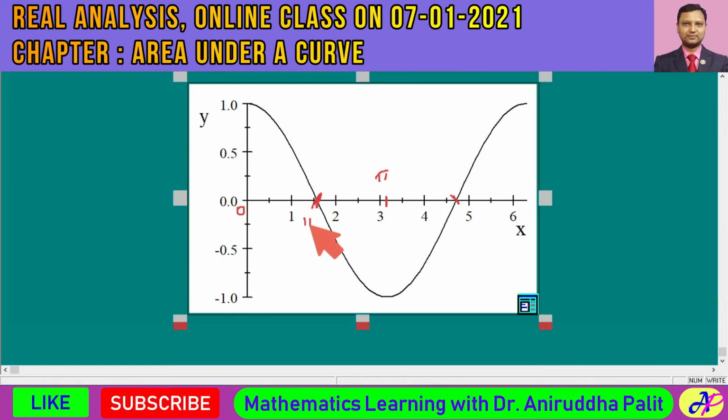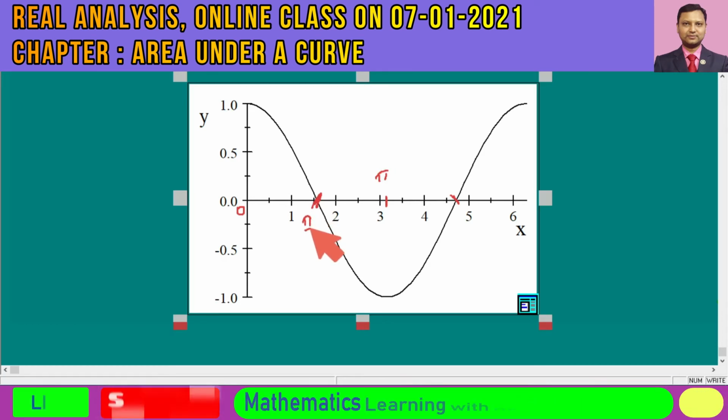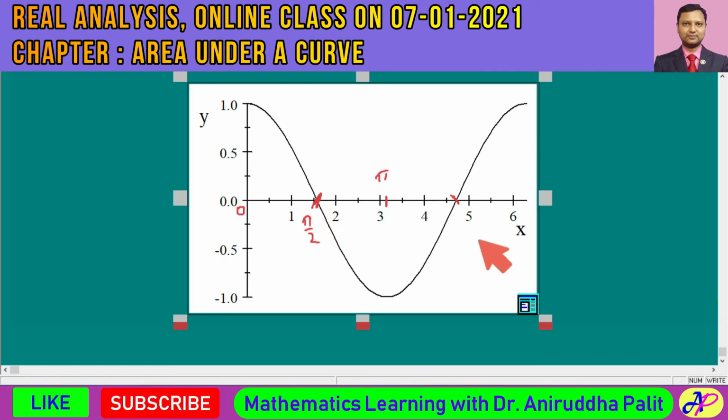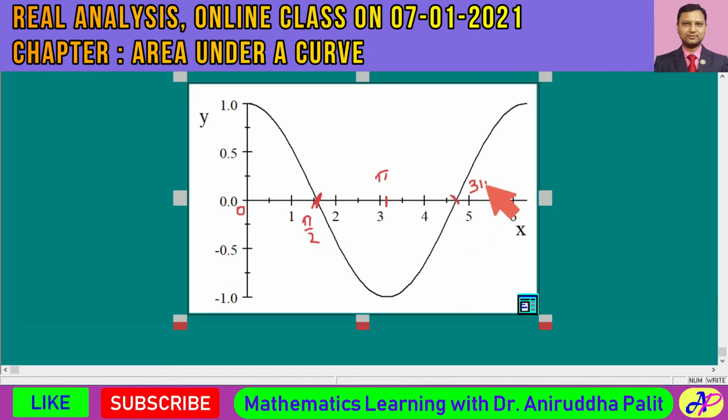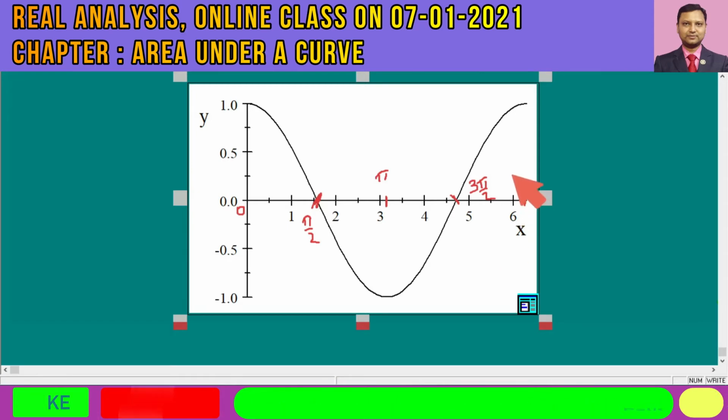This would be our pi by 2, and this would be 3 pi by 2, and this much would be twice pi.